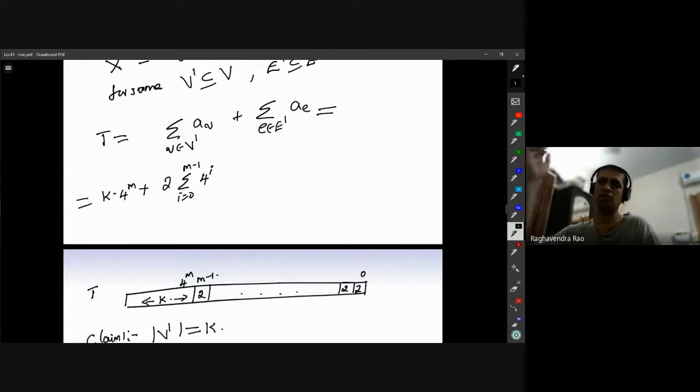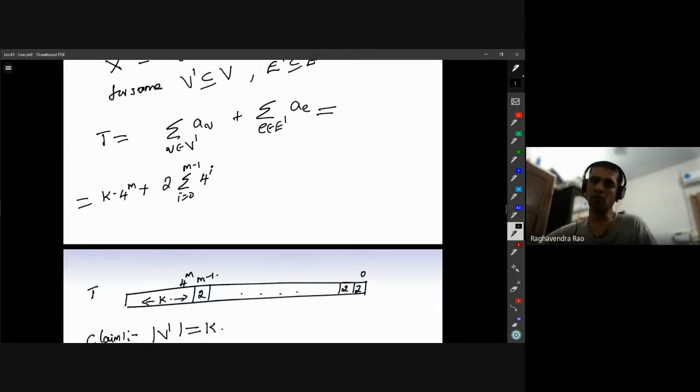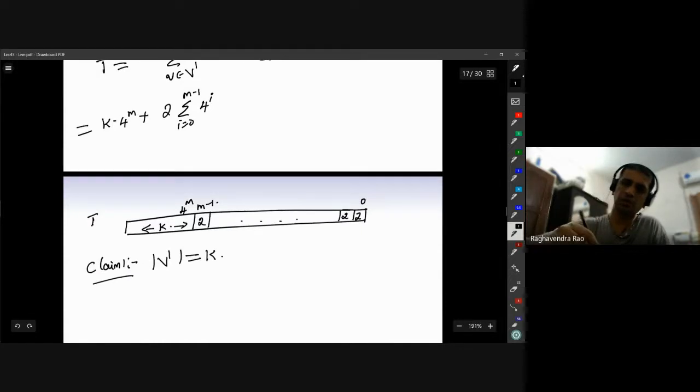It may be contributions of 4 to the I's where I is less than m, or it may be from AV. But we know that, clearly, cardinality of V prime is less than or equal to k.